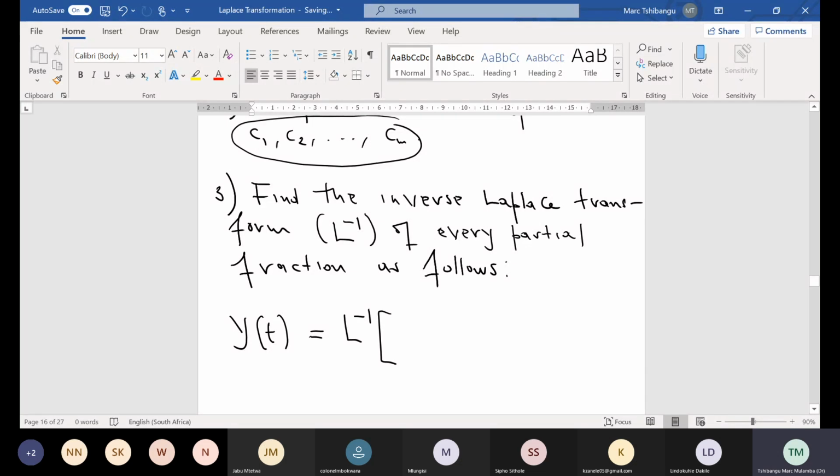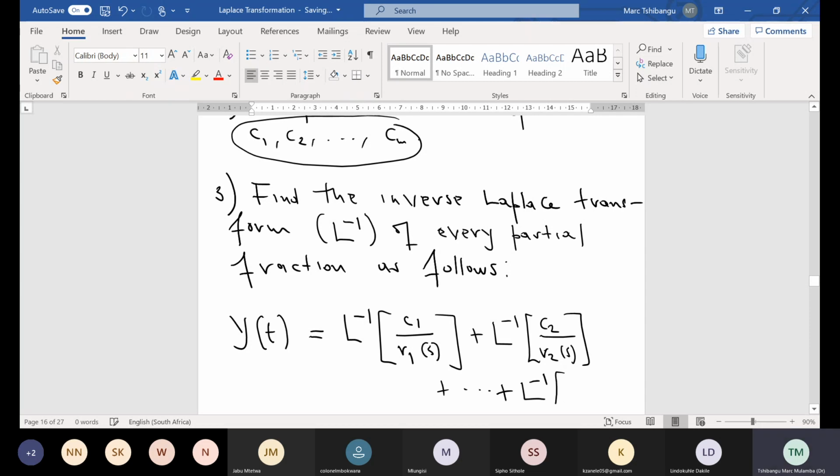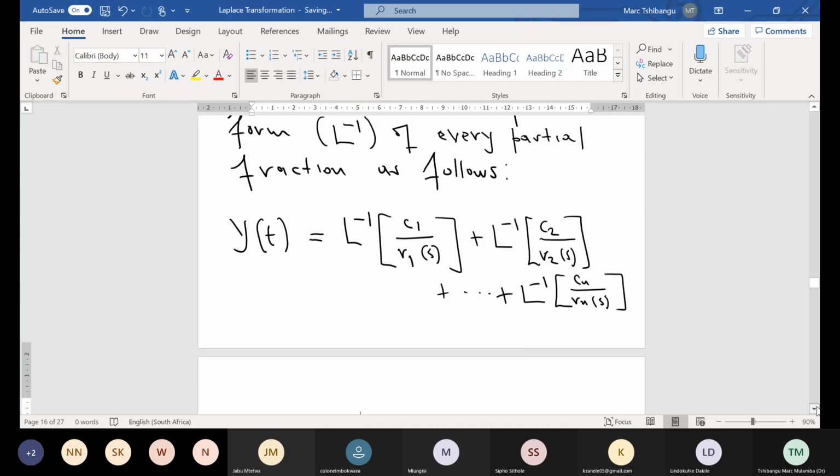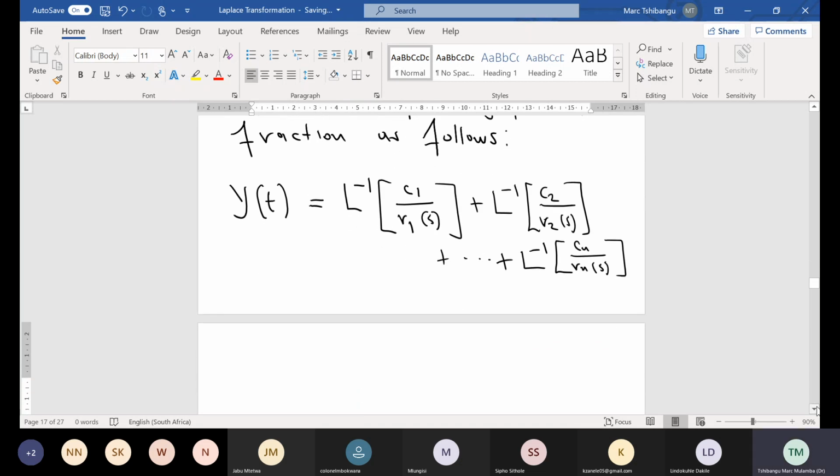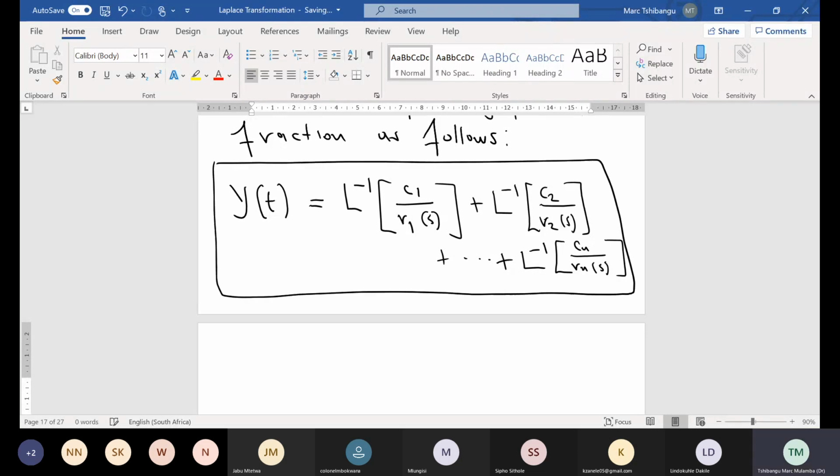So it'll be the inverse Laplace of C1 over R1(s) plus the inverse Laplace of C2 over R2(s), plus it continues, the inverse Laplace of Cn over Rn(s). So this is how you invert Laplace a given function in the S domain.